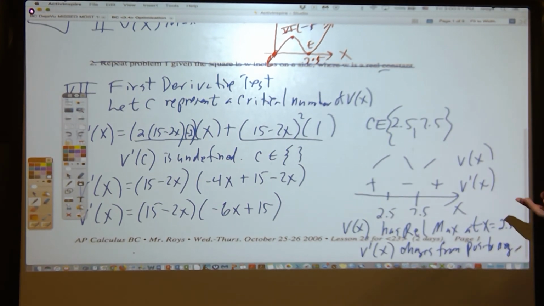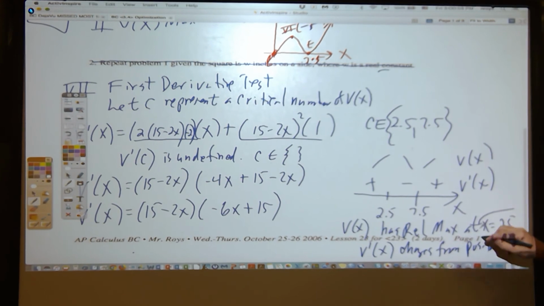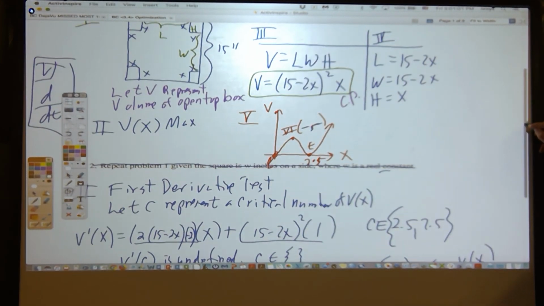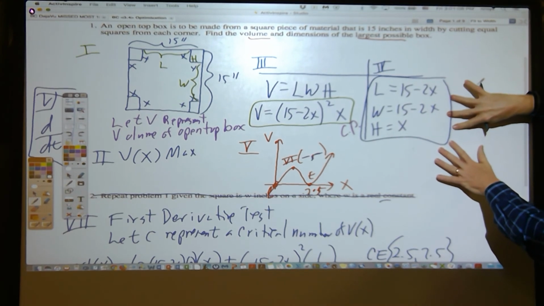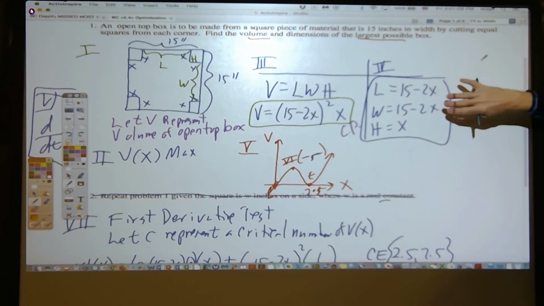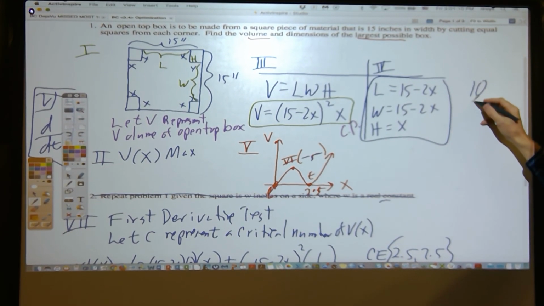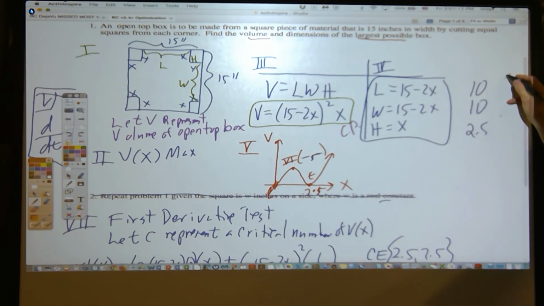By the way, I have to use x equals 2.5 to fill in the length, the width, and the height, because the directions did ask for the dimensions, length, width, and height. But basically, as long as you know x equals 2.5, then you can use these three equations in Roman numeral 4 to calculate the length, the width, and the height. It comes out to be 10, 10, and 2.5 are the length, width, and height.